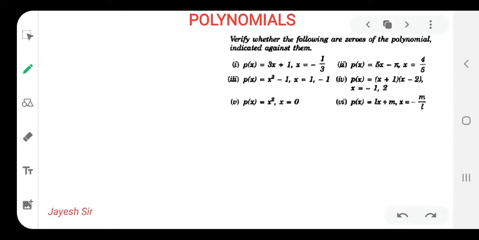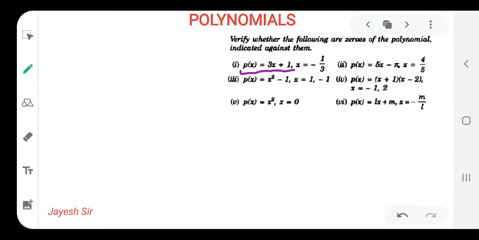Here we are going to learn what are the values of x that we can put and find that the polynomial is zeros of the polynomial. What do I mean, friends? Here the polynomial equation is given: p of x is equal to 3x plus 1.